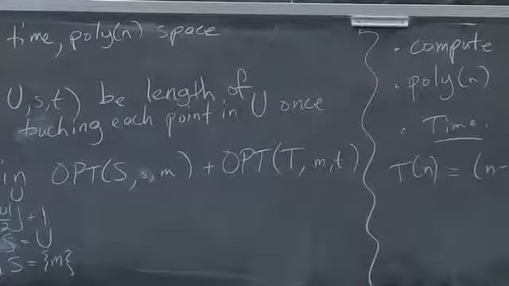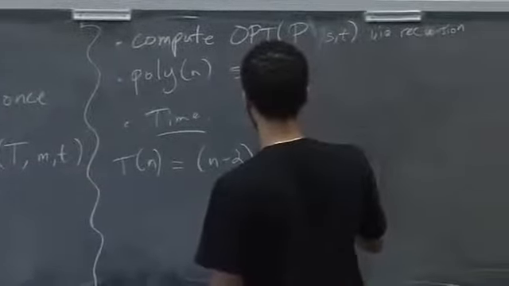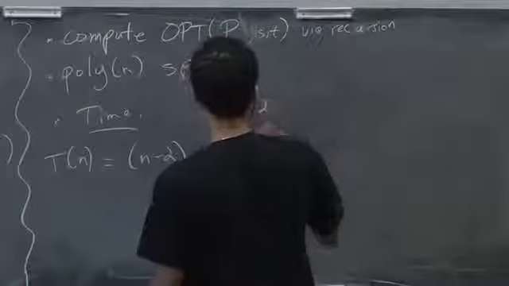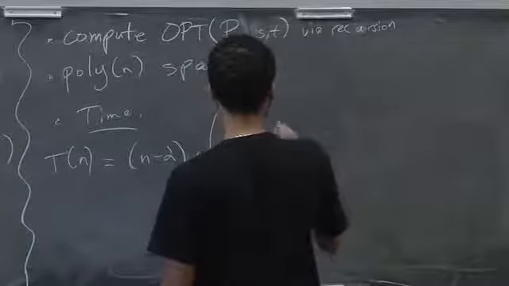So that's something like n minus 2 choose something like the ceiling of n minus 2 over 2.